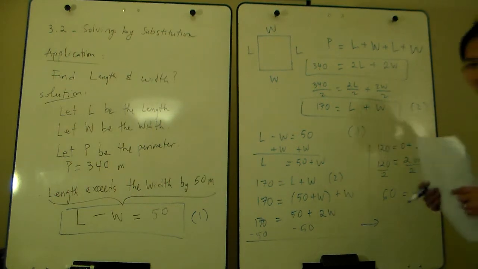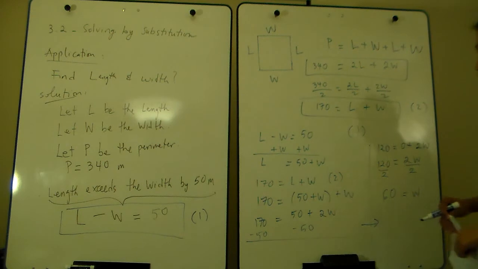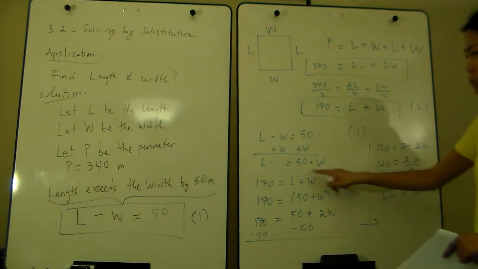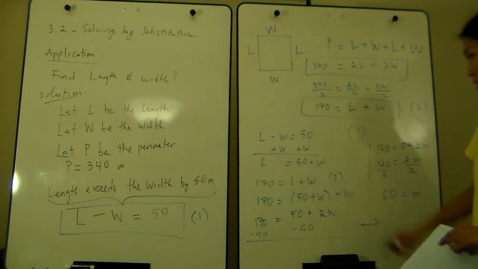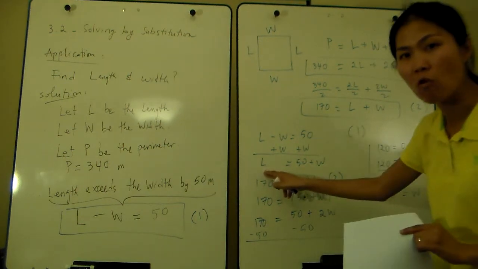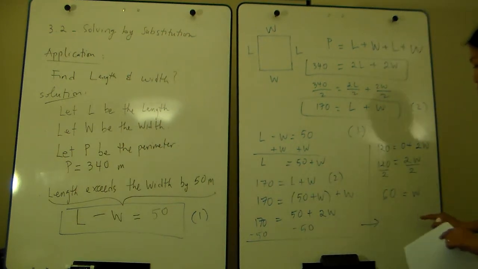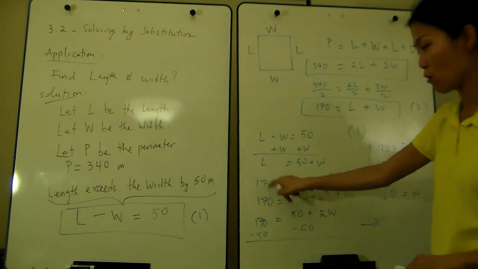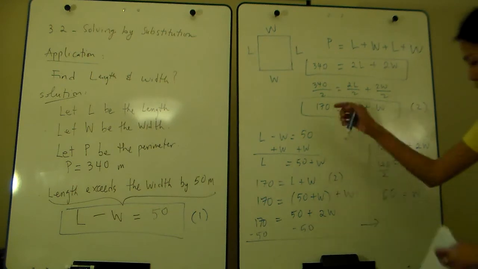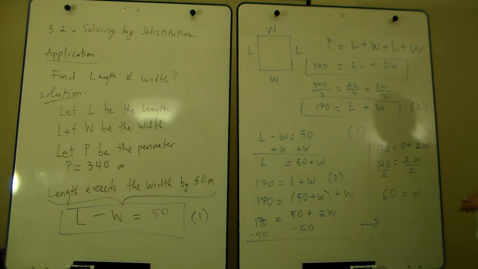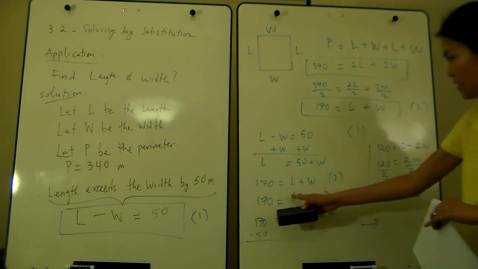Now we need to find the length, the remaining variable. Remember, equation 1 is this, and we did simplify equation 1 to L. Because this is already written as L equals something, and that's what we're looking for, let's substitute W equals 60 into this equation so that we can solve for L. I'm going to erase some of the steps to make space.